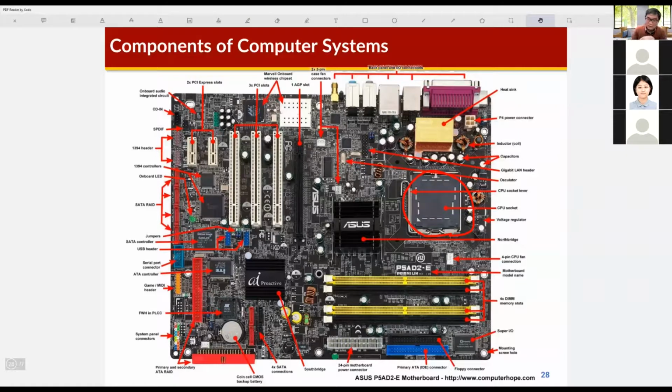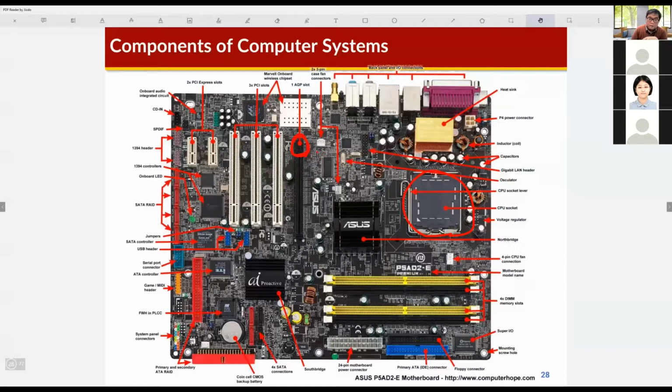Also, you can find many I/O ports, such as this graphics card port. Recently we use the PCI bus, PCIe, the PCI Express, but the old main board used the AGP port for the graphics card.